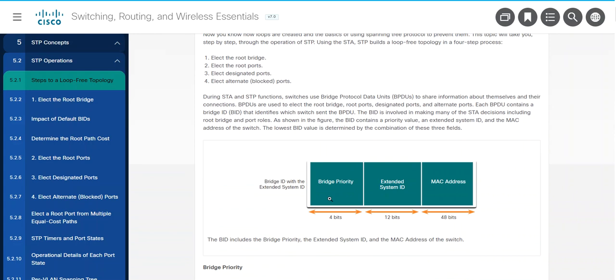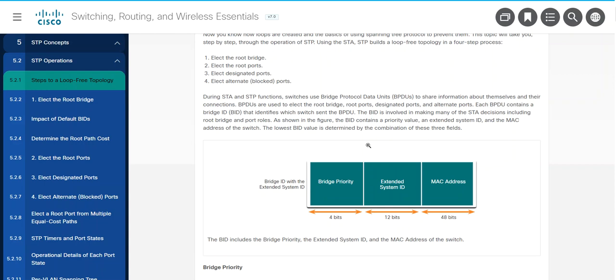During the spanning tree process, the switches use BPDUs, Bridge Protocol Data Units. These are used to share the information about the different types of connections within the network.